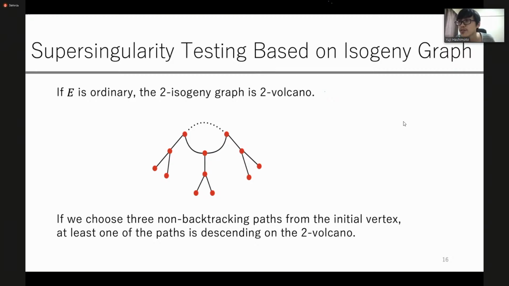For example, if the given elliptic curve is this vertex, then if we compute the isogeny in three directions extending from this vertex, this edge is a descending edge.